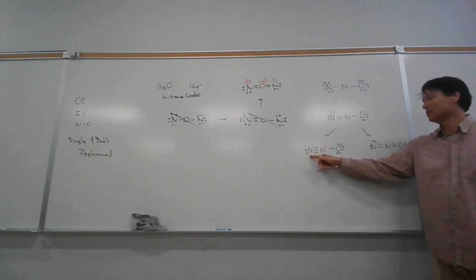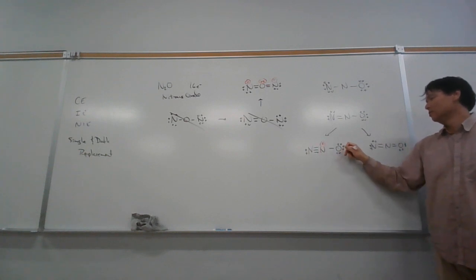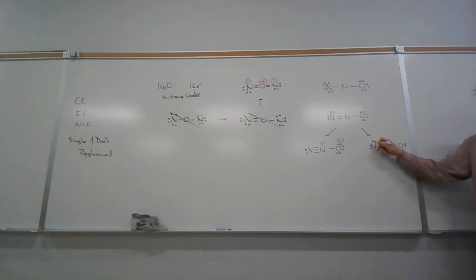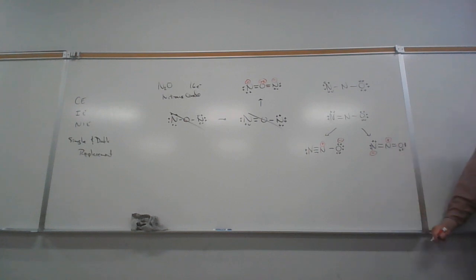It's 0 for this nitrogen. 1, 2, 3, 4 plus 1. 1, 2, 3, 4, 5, 6, 7 minus. Okay, then over here I have 1, 2, 3, 4, 5, 6. 1, 2, 3, 4. 1, 2, 3, 4, 5, 6. 0.